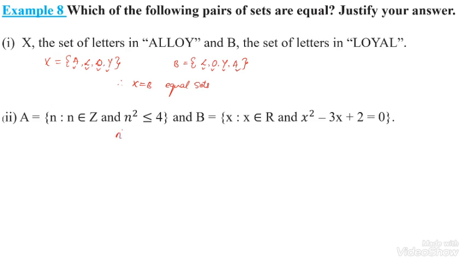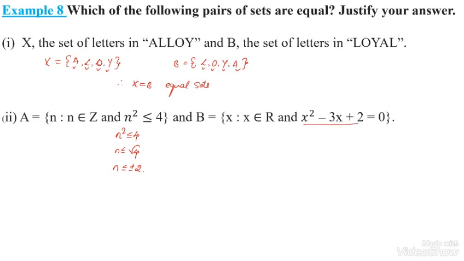While solving this, n square is less than or equal to 4, taking root on this side it becomes root 4. So n is less than or equal to plus or minus 2.